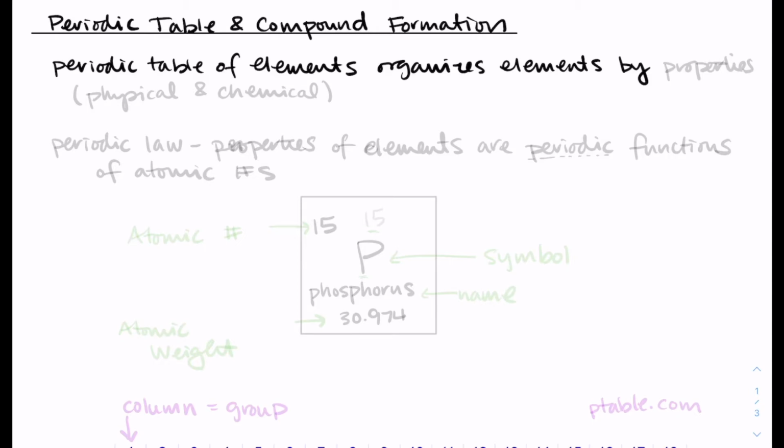Where we're going to focus is what's there now, how do we use it, and how can it be a helpful resource? There is something that we call the periodic law, and it is the same basis of what we just described about how the periodic table is put together. And it's that the properties of the elements are periodic functions of the atomic numbers.